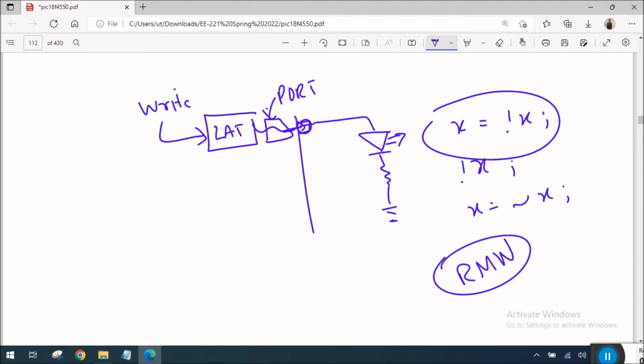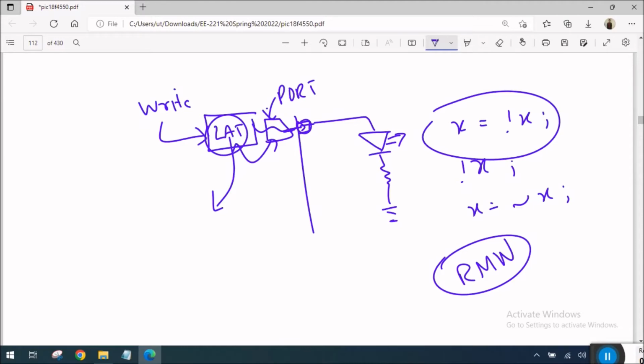So when we read the state of the port when it is configured as an output port, it's going to read the state of my latch, not the state of my port. In that way, I have a duplicate of what I have sent to my port already stored in my latch register. And that is not connected to the load or to the physical world, so it is not affected by any loading effect.